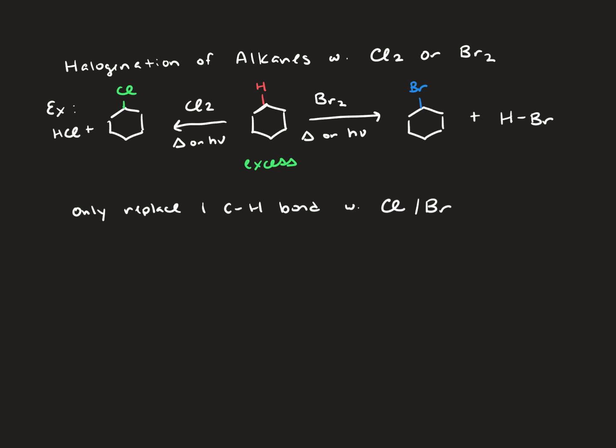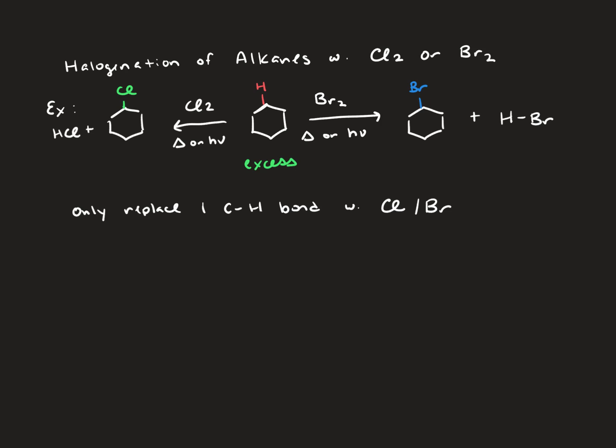So if you use a lot of chlorine, you can turn methane, CH4, with excess chlorine and heat or light, into CCl4. And as a side product, you get 4 molecules of HCl. But we're not going to deal with that. That's not really an interesting reaction because you could just buy CCl4. So that's not important for us.